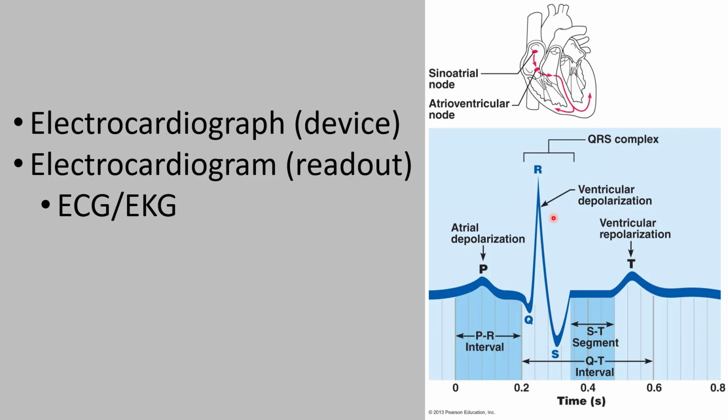So, as long as we know what electrical event happens where, we also can look at this to see where the mechanical events are. So this really does show us everything that happens in one heartbeat.